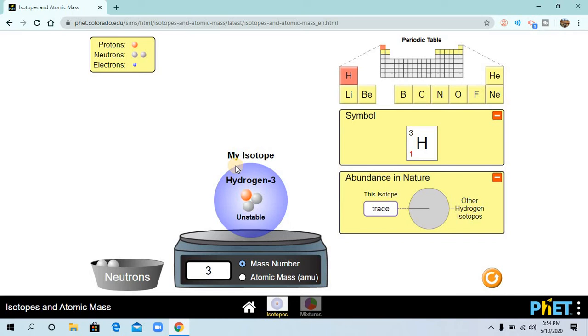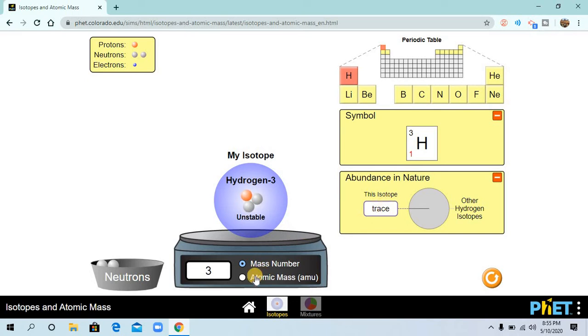This third isotope is hydrogen 3. In the symbol over here, this 3 is the atomic mass, and you can see it's unstable, and the mass is 3 as shown in the balance. It is unstable and found only in trace amounts.